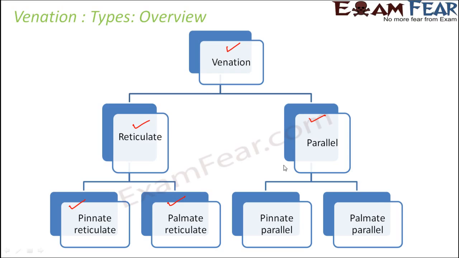Similarly, parallel venation is of two types, pinnate parallel and palmate parallel. In pinnate parallel, you have one strong midrib and all other lateral veins running parallel to each other. In palmate parallel, you again have many strong ribs which are running parallel to each other. So with this, we will end our discussion on venation.